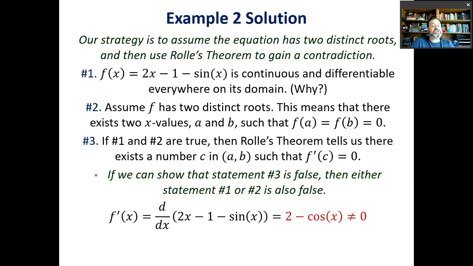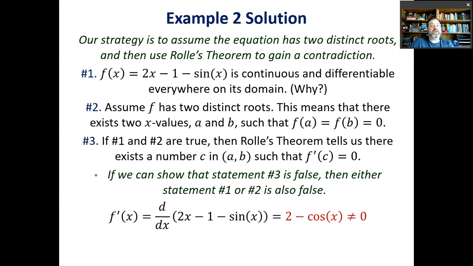Rolle's theorem said that that should equal 0, but we know that 2 minus cosine x is never 0, because cosine is a number between -1 and 1. So the biggest it could be is 3, and the smallest it could be is 1. So the range of 2 minus cosine x is 1 to 3, so it's never 0.